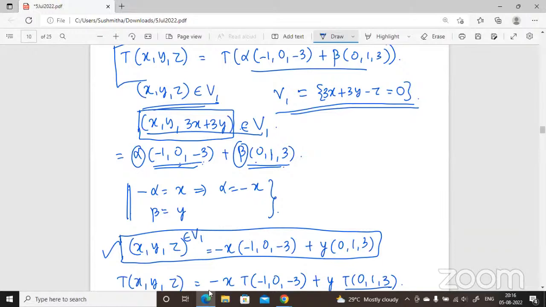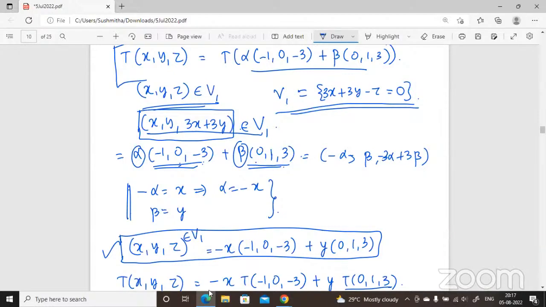Alpha is x. Here, minus alpha, comma, beta, comma, 3 alpha plus 3 beta, or minus 3 alpha plus 3 beta, should be equal to this vector. How did it become 3x?